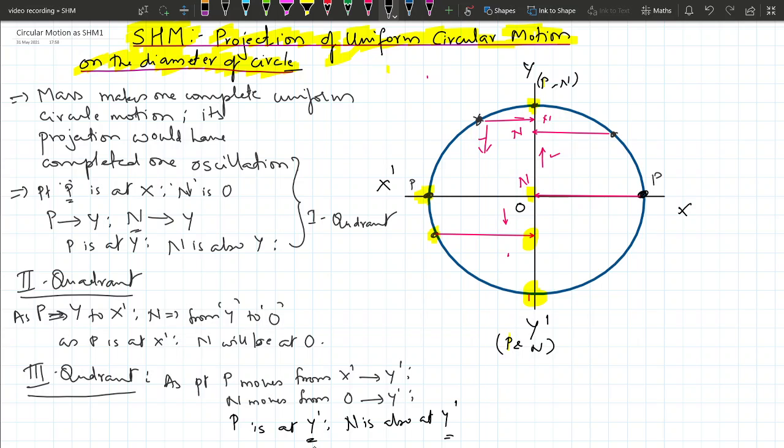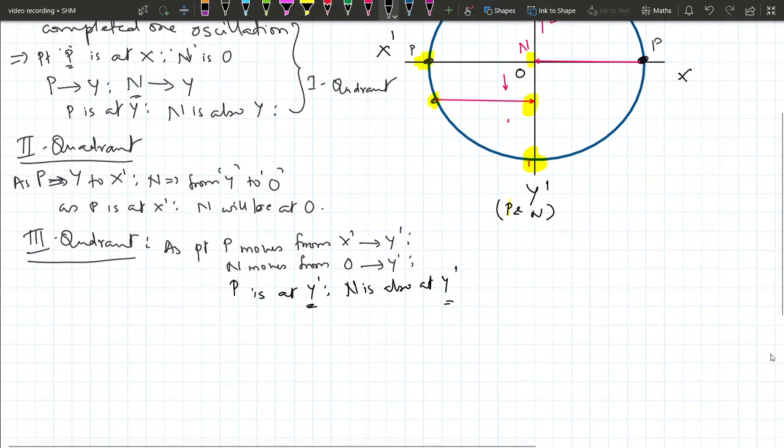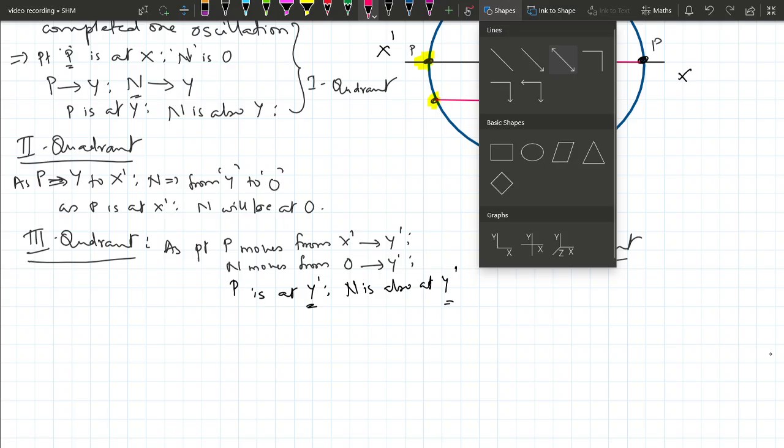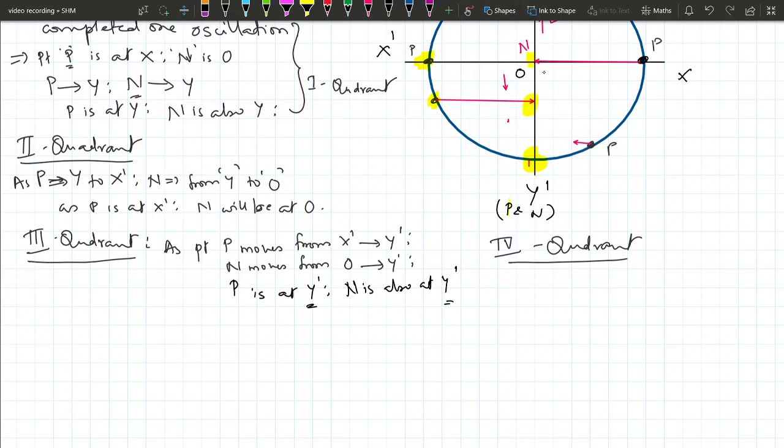After that, it enters into the fourth quadrant. So once it enters into the fourth quadrant, it's like this. So this is the fourth case. When the particle is here in the fourth quadrant, its projection will move from Y dash towards origin.